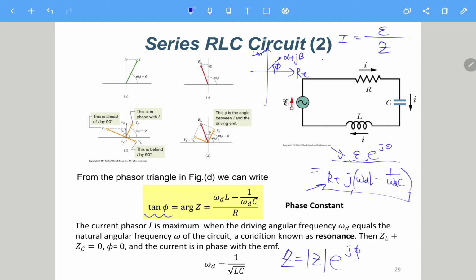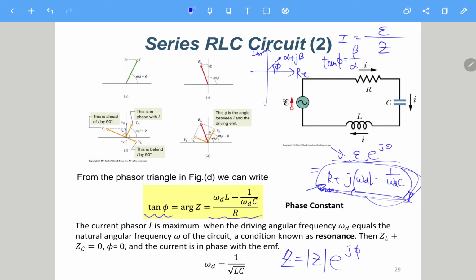So the tangent of phi will be beta over alpha. In this case, this part, don't consider it as a denominator yet. Only this part will be the tangent phi. Tangent phi will be the imaginary part over the real part, which is actually this one.